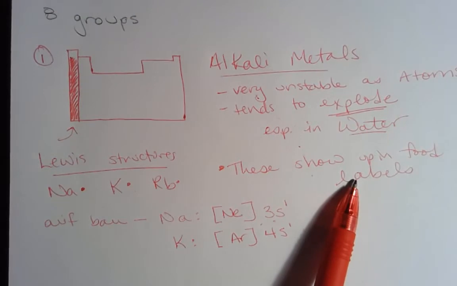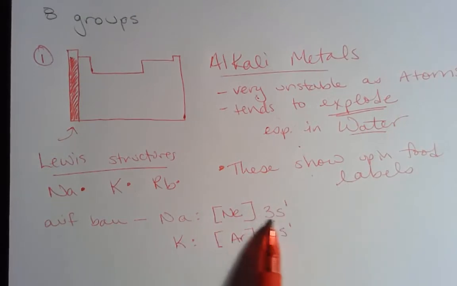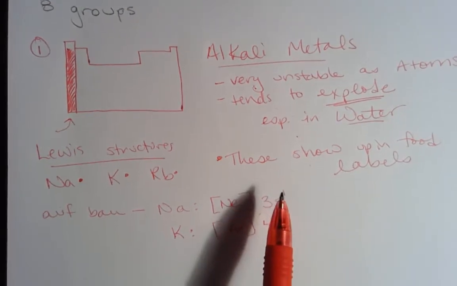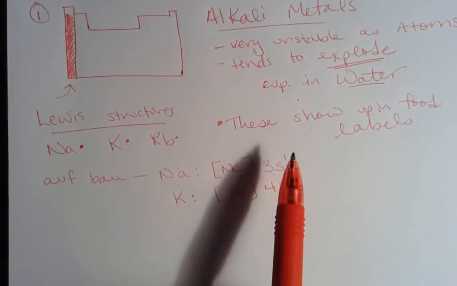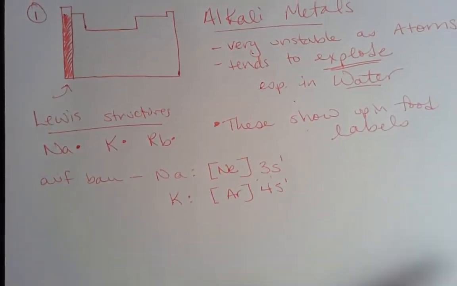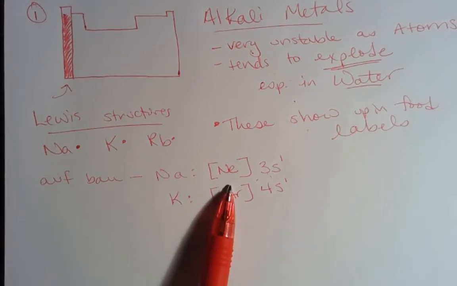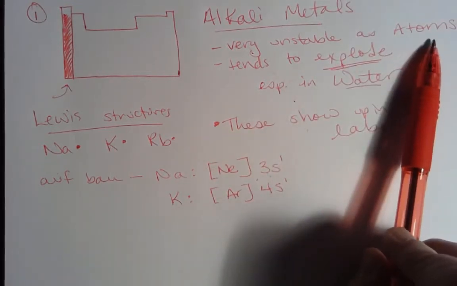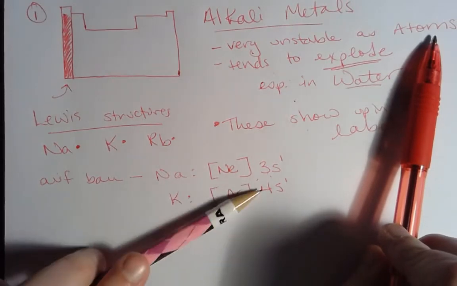Once this outside electron is removed, the structure of the leftover ion is just this core. The core is really hard to break and very stable, which is how you get in atom form with this outside electron still there.